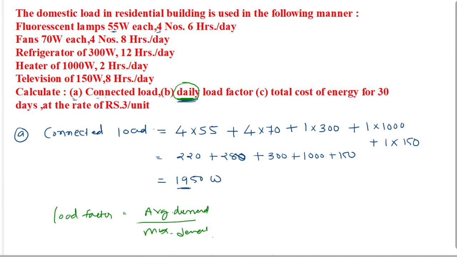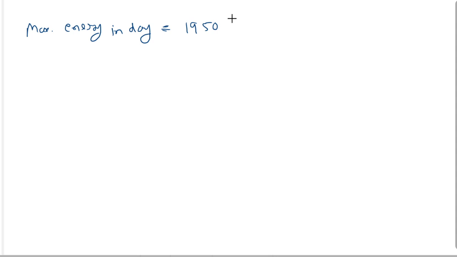Total connected load is 950 watt, and maximum demand is that multiplied by 24. 950 multiplied by 24 is 46,800 watt hour. Converting into kilowatt hour, that is 46.8 kilowatt hour. That is the maximum energy in a day.